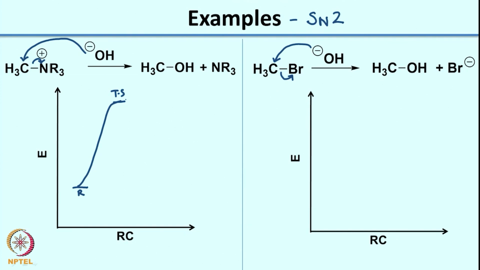You must have heard this "like dissolves like" before in textbooks. When you increase solvent polarity, polar molecules will be stabilized more than non-polar molecules. We saw that in the case of the equilibrium also earlier, correct? So, when you have charged species such as these two reactants, both the hydroxide as well as the charged amine species, what you would see is that they would be stabilized much more.